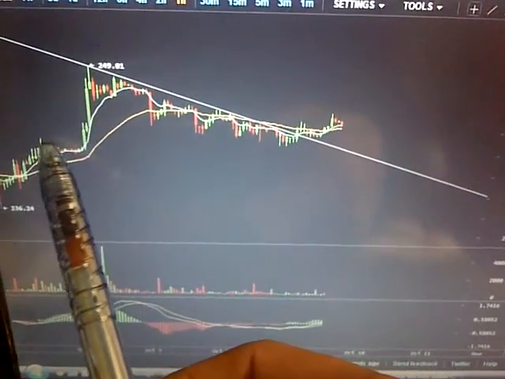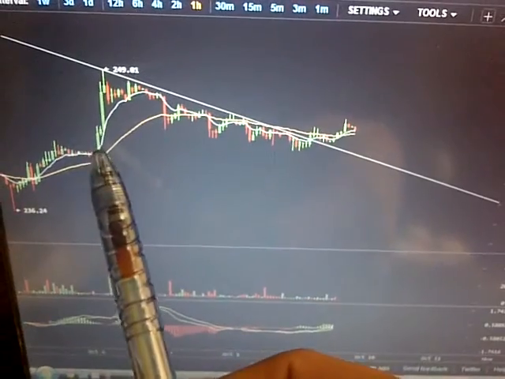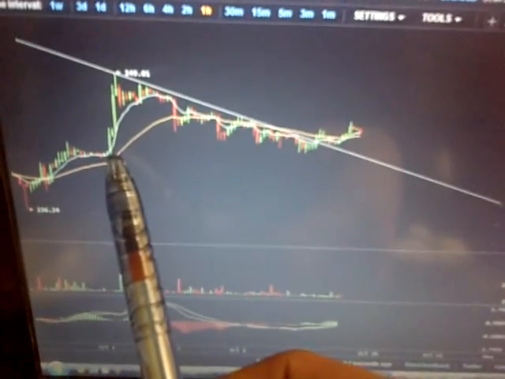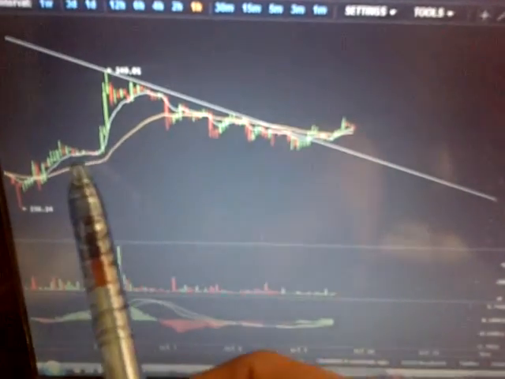So right around here, before the price really started breaking out, I drew a small line to see if there would be a line, and there was a little line going like this, and it broke out right during that time frame.